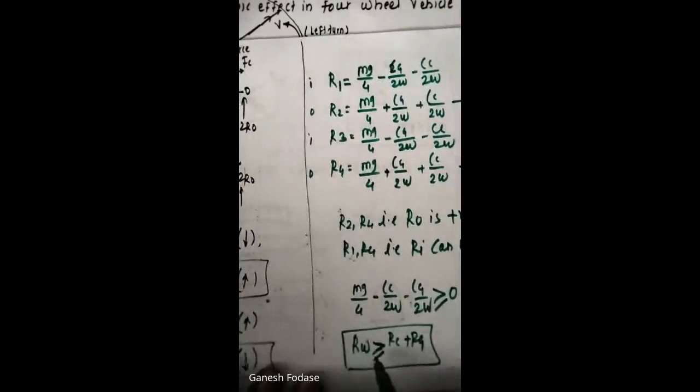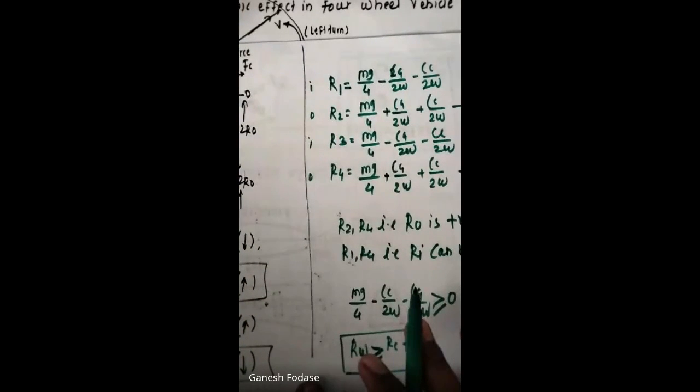If I equate this, Rw is greater than or equal to Rc plus Rg. So this is your condition for stability of a four-wheel vehicle. Reaction due to weight must be either equal to or greater than Rc plus Rg. If this condition is satisfied, then your vehicle is stable.